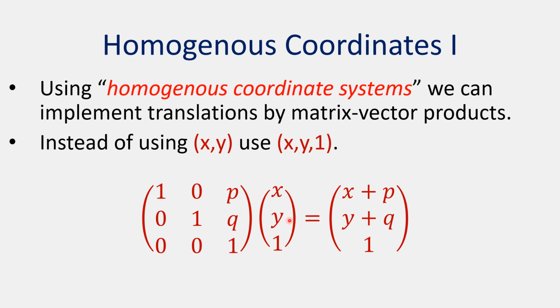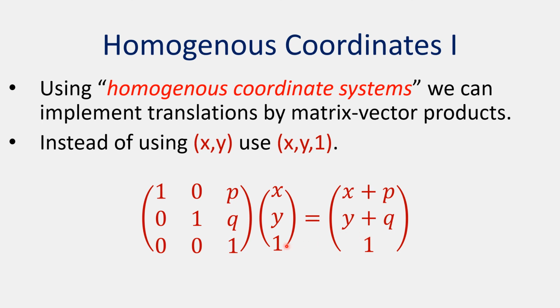Similarly, to compute the second entry in the coordinate, we have x multiplied by 0. That gives a result 0. We have y multiplied by 1. That gives a result y. We have q multiplied by 1, that gives q. We add that to y, and that gives the coordinate we want for the second component of our translation.